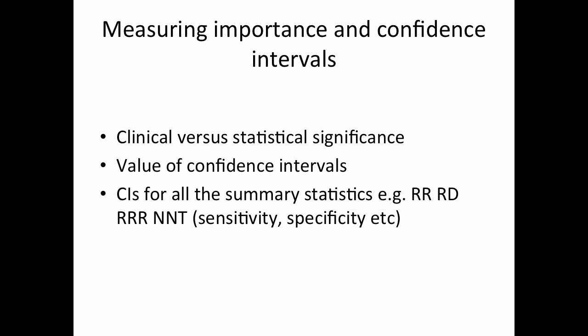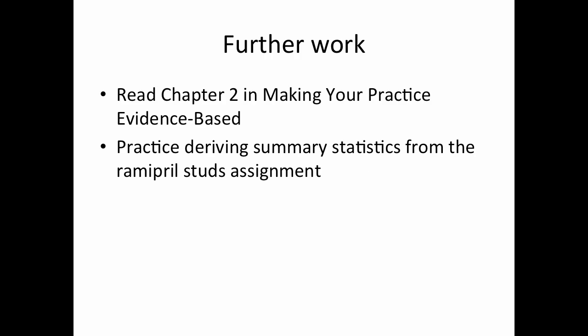Confidence intervals can be calculated for all summary statistics like risk ratio, risk difference, RRR, number needed to treat, and when we come to talk about diagnosis, such things as sensitivity, specificity, etc.